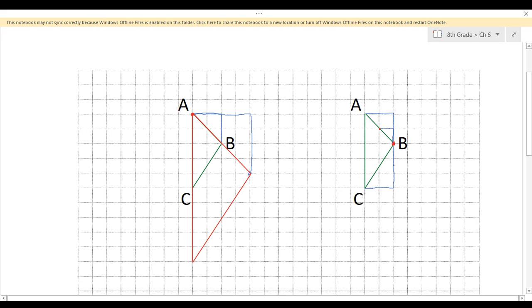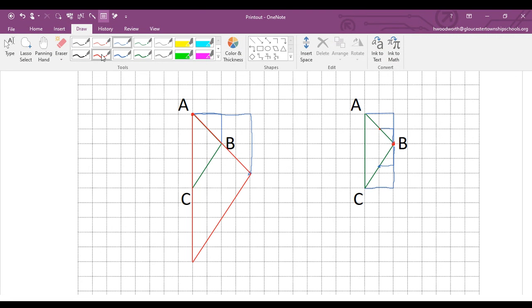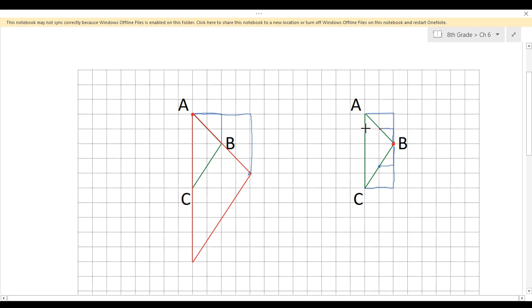Half of 3 is 1.5, and over 1 full block to right there. So now we have our new points, our image points, and we can connect those and get our similar triangle.